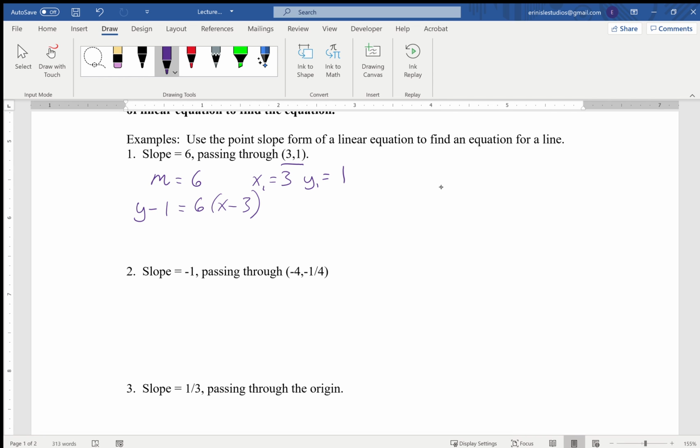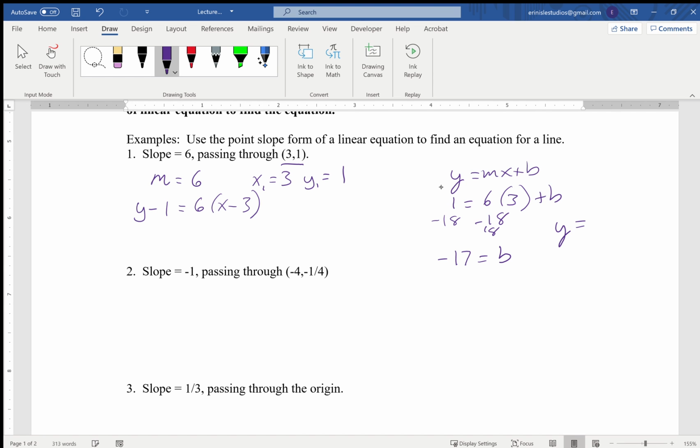Our first, we have y equals mx plus b. Use the point, 1 equals the slope we were given times the x value. We subtract the 18 from both sides, we get a negative 17, and that's our b.